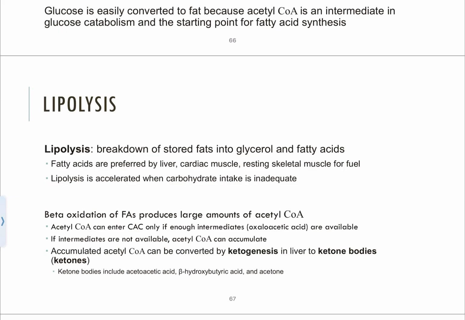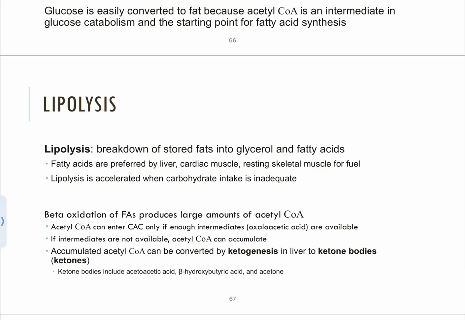Remember, we needed oxaloacetic acid to combine with acetyl-CoA in order to make citric acid. If we don't have enough oxaloacetic acid available, then we can't go through the citric acid cycle regardless of how much acetyl-CoA we can generate.